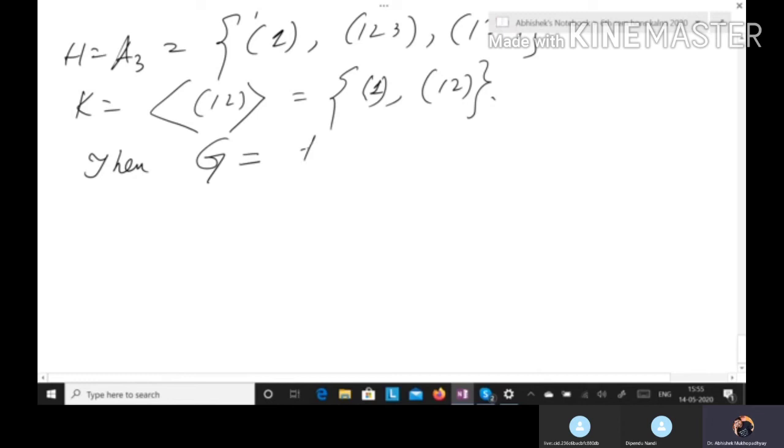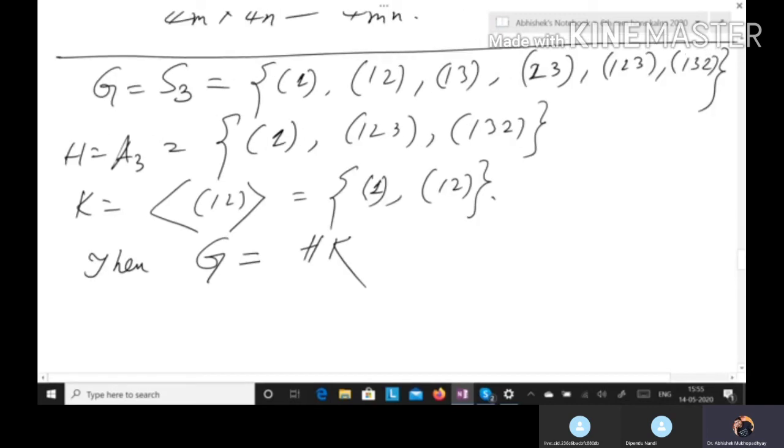Then G will be HK. But why? Why will G be HK? Why is it true?